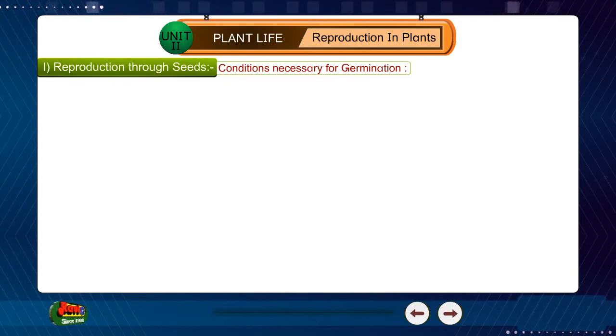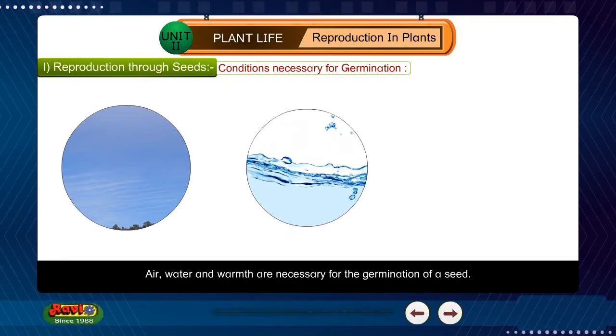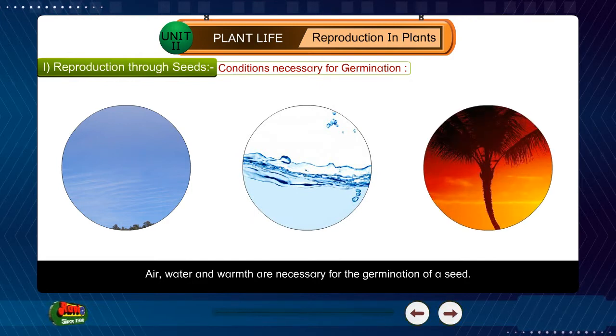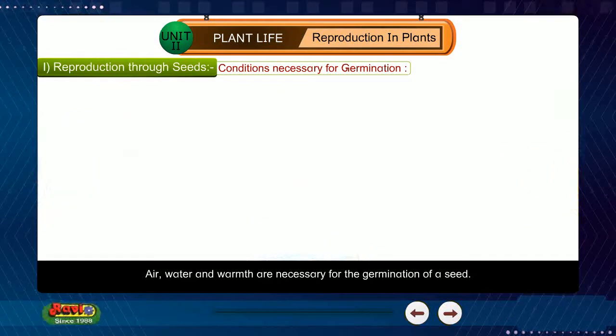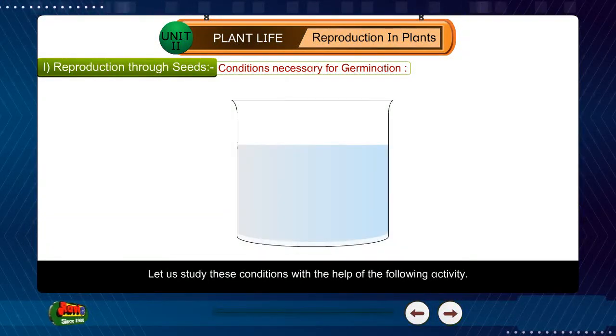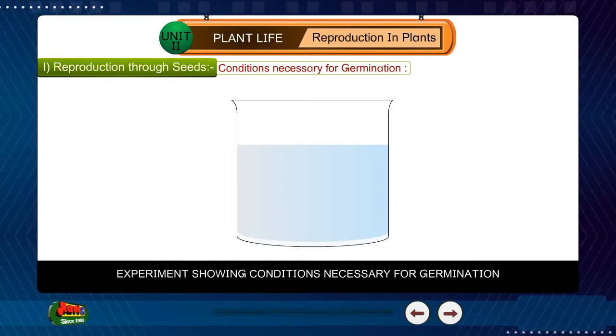Conditions necessary for germination. Air, water and warmth are necessary for the germination of a seed. Let us study these conditions with the help of the following activity. Experiment showing conditions necessary for germination.